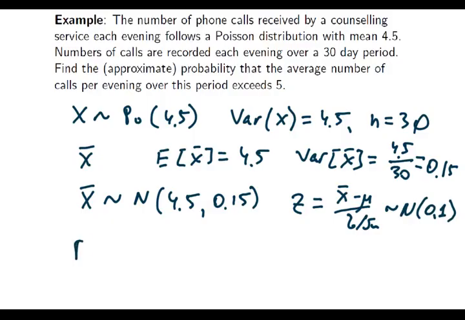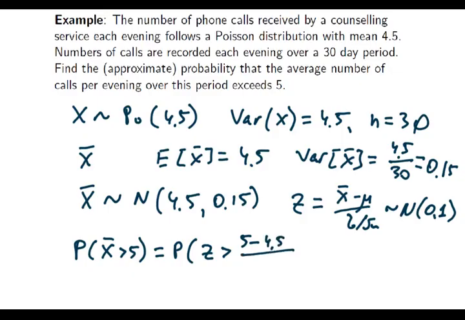Therefore, the probability that x bar is more than 5, which is what we're supposed to find, equals the probability that z is more than 5 minus mean value 4.5 divided by the standard deviation, the square root of 0.15.